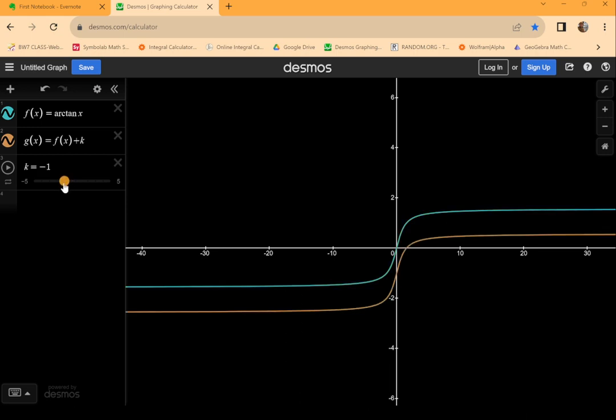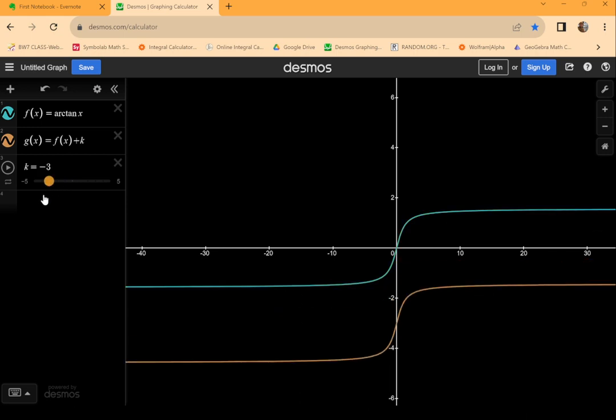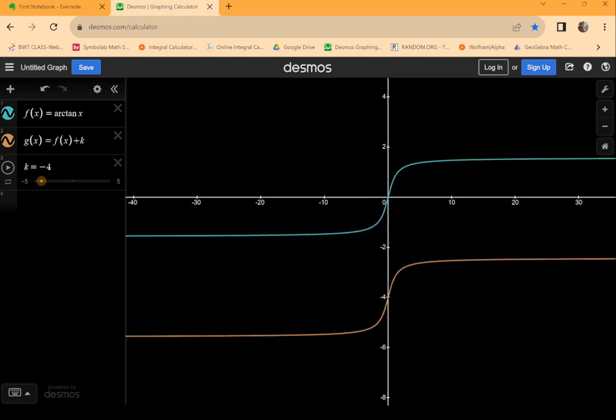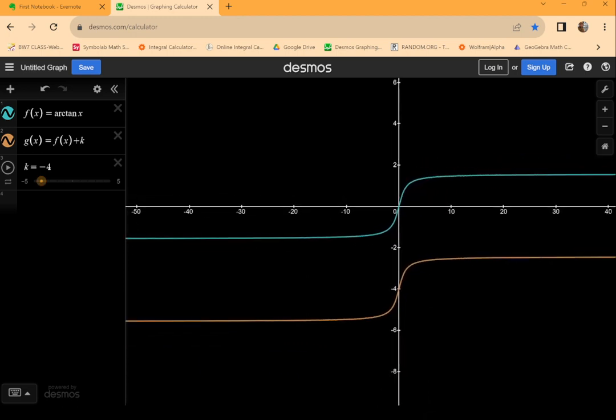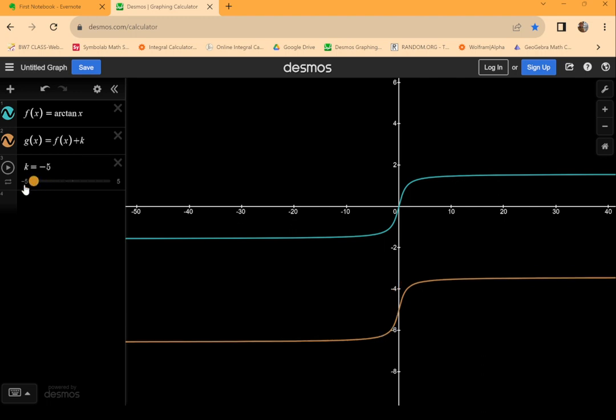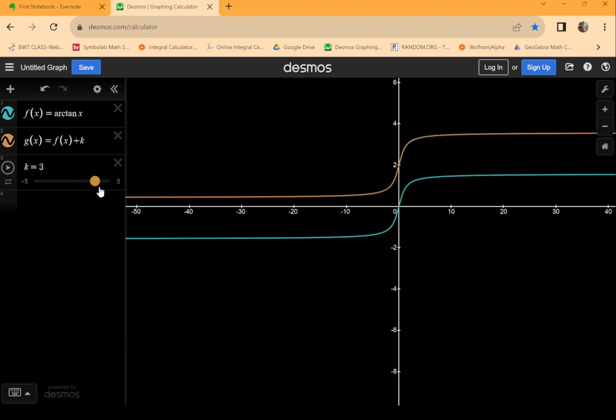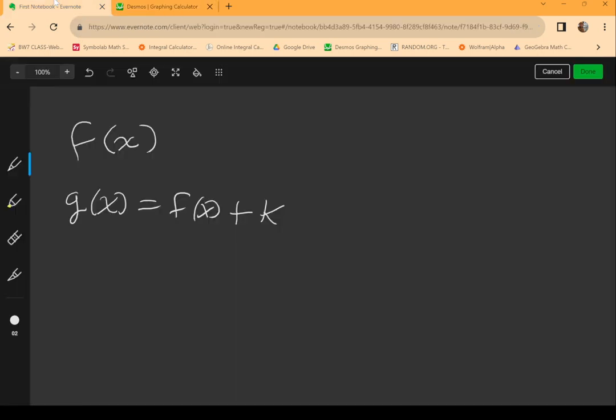Now, as k is negative, we see the graph moving in the negative direction. It gets shifted down, for k being a negative value. So that's what we get when k is outside of that function.